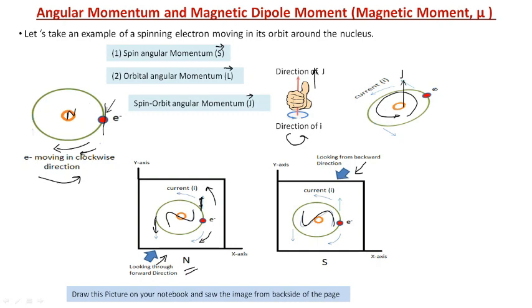This image very much resembles the letter S. In this way, we are considering that a moving charged particle creates a dipole that can be represented like this. Here this is the north pole and this is the south pole, which is created by a charged particle.